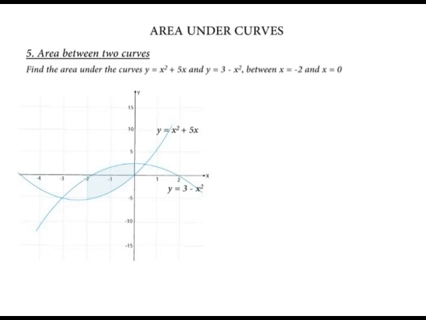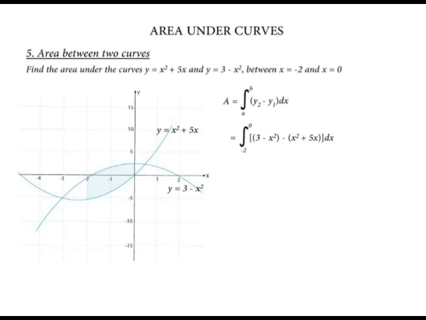Area will be equal to the integral of y2 minus y1 with respect to x from a to b. That is equal to the integral of 3 minus x squared minus (x squared plus 5x) with respect to x from x is equal to negative 2 to x is equal to 0.